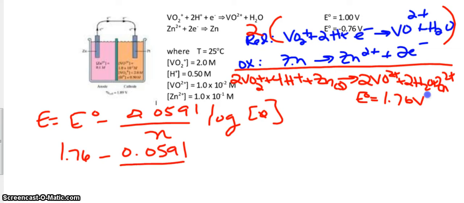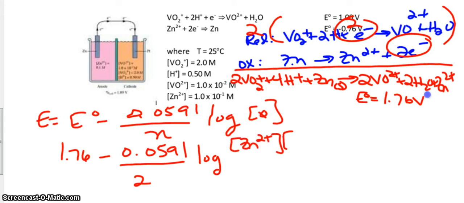I'm looking up here, and it's 2 and it's 2, so my n is 2. Now look at your log value. Remember, your log is products over reactants. So notice how I set this up. It is the zinc 2 plus times the VO 2 plus, and I'm going to square that.